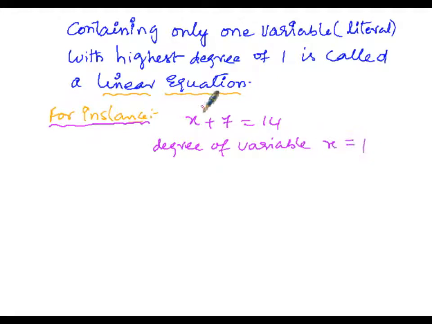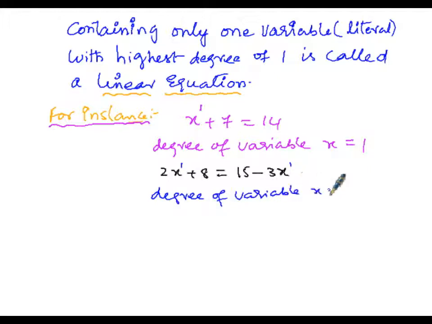Similarly, 2x plus 8 is equal to 15 minus 3x also comes under the linear equation, in which the degree is 1. So the degree of the variable x is equal to 1.